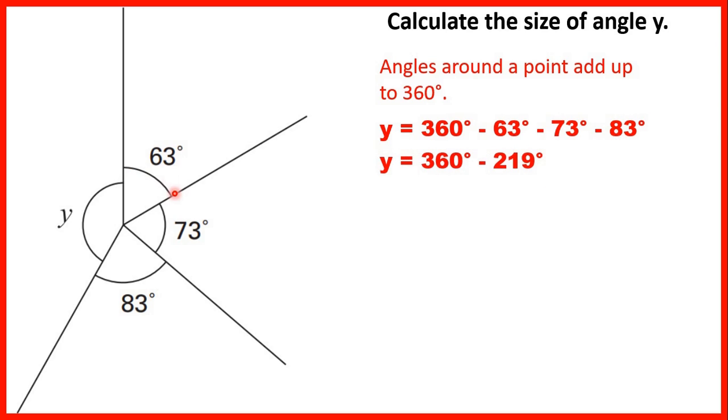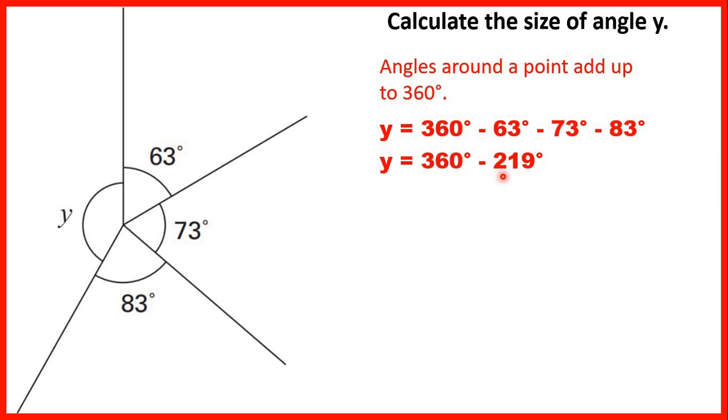And 63 plus 73 plus 83 is 219. And you might need to use column addition. In fact, you probably would need to use column addition for this. I've not done it here because I know that you already know how to add using column addition.